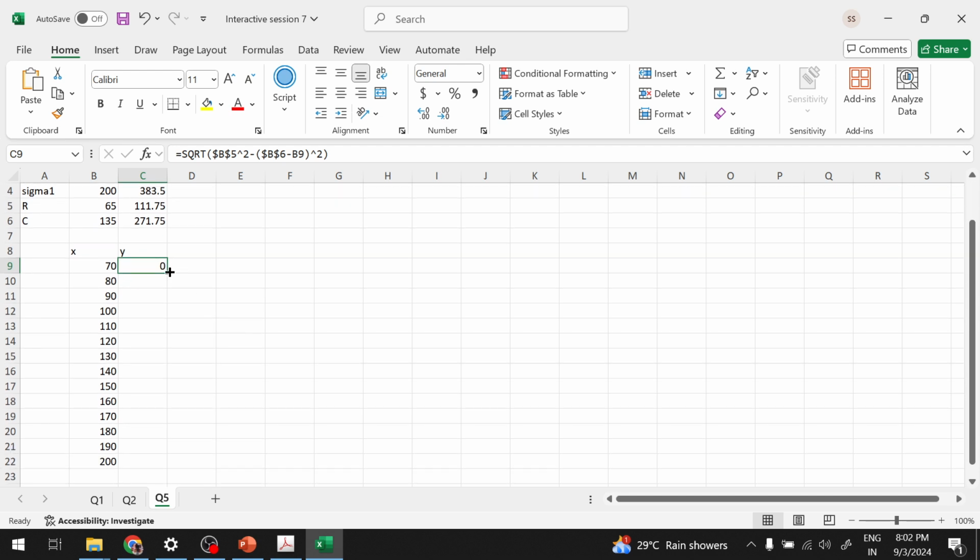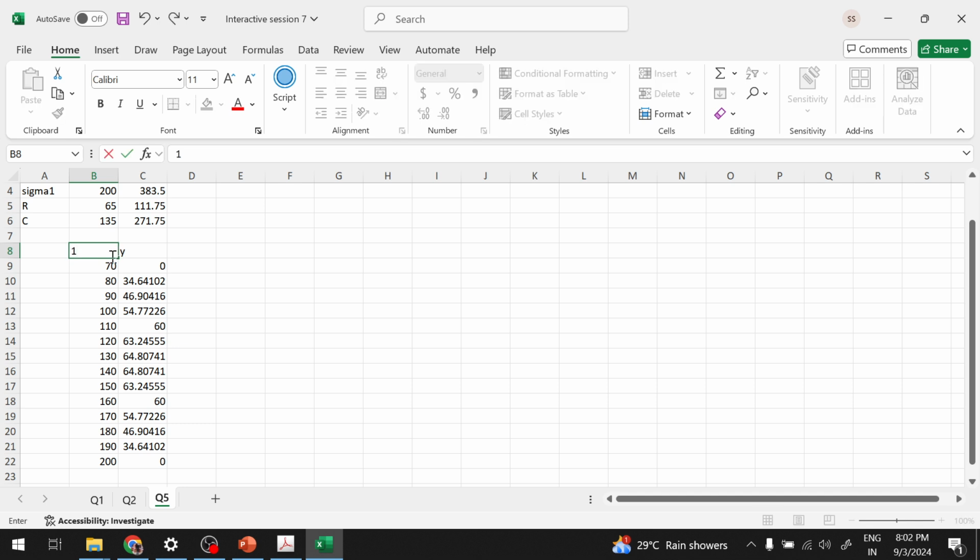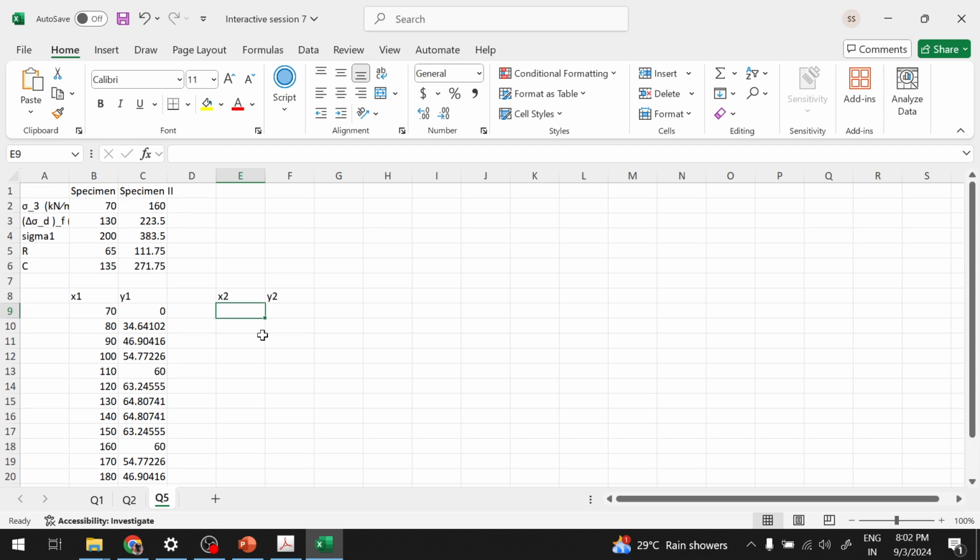so let's calculate y for all these, and for the second circle, let this be x1 and let this be y1, let this be x2 and let this be y2. I will take from 160 to 390, 160, 170.